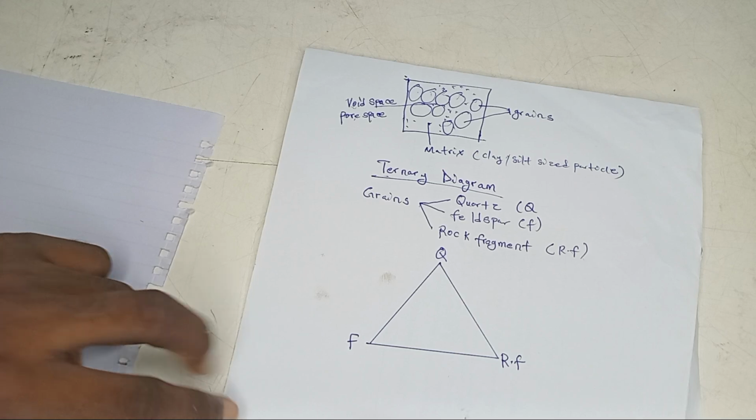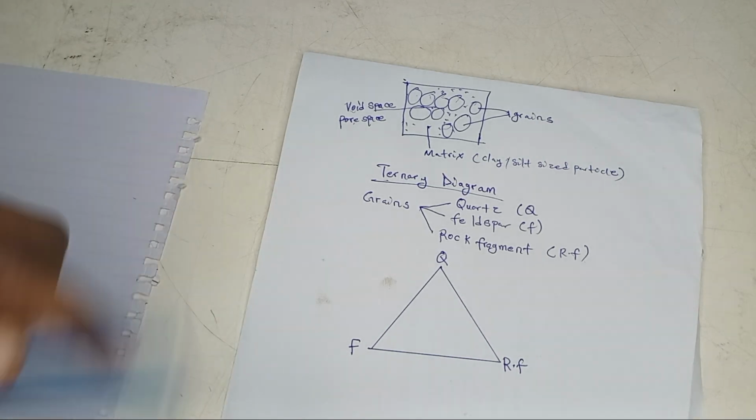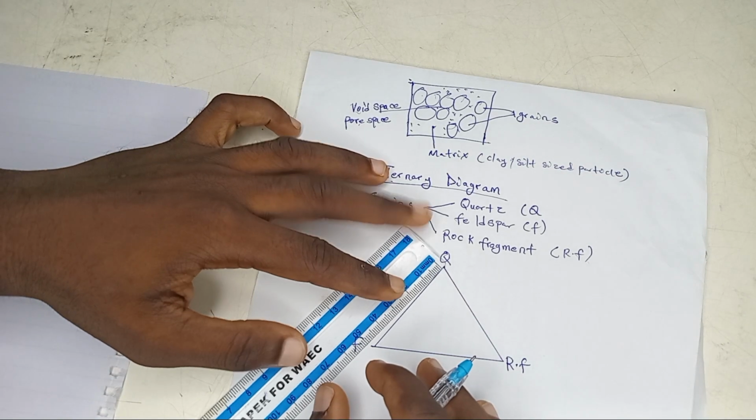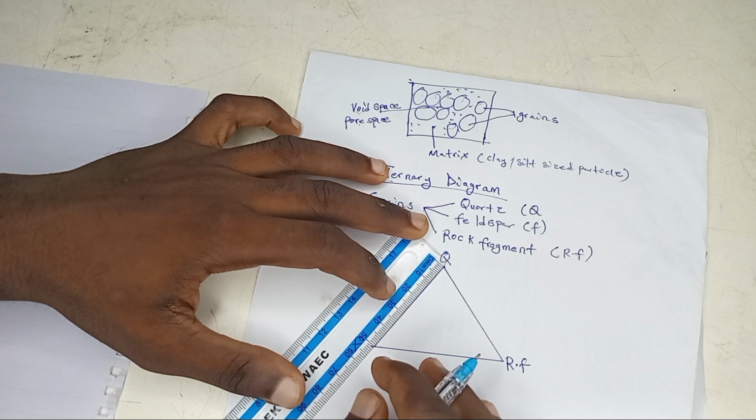And on this ternary diagram, you have to split each side into 10, increasing in percentage.